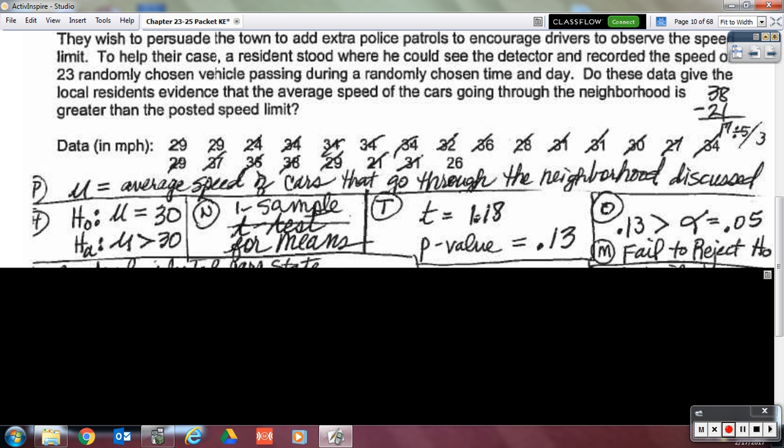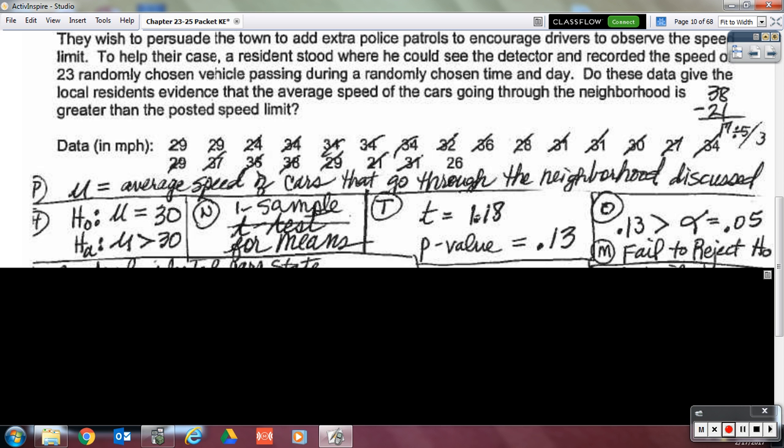So get your calculator if you haven't gotten it, and if you have gotten it, what do you think you would do with a list of data such as that? Go put it in a list. Where is it in your calculator? Stat edit.